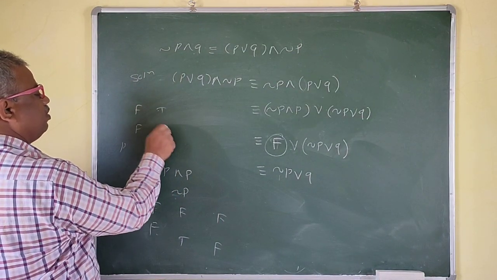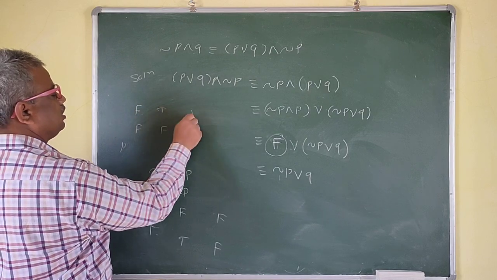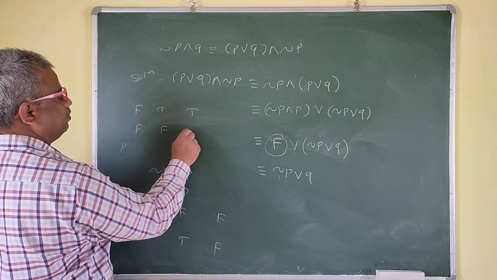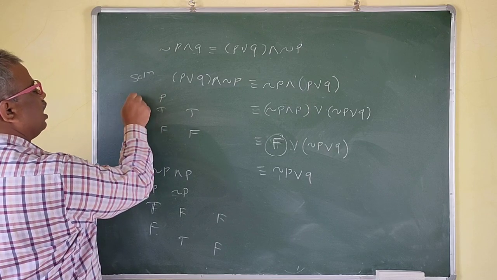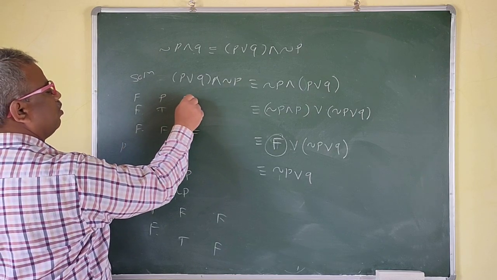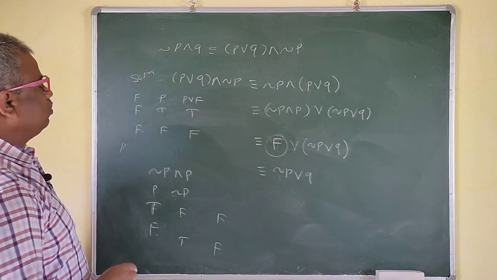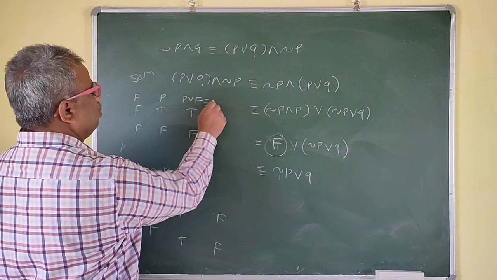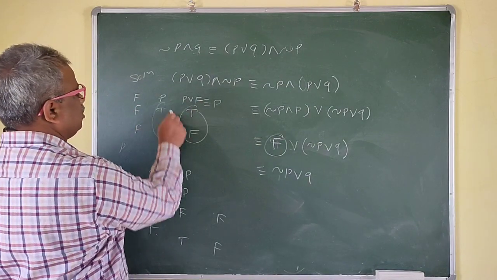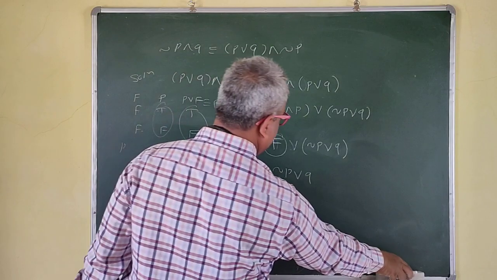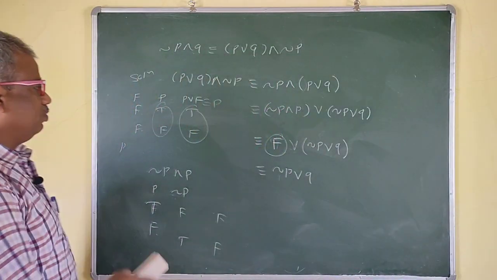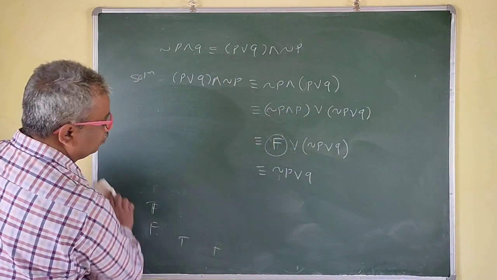T, F. So R means what? F or T is T. F or F is F. That means this is your P and this is F. F or P or F or F or P. So this is equivalent to, this is P now, right? This is P, right? So that means this is negation P or Q now. Okay. So we get the result.